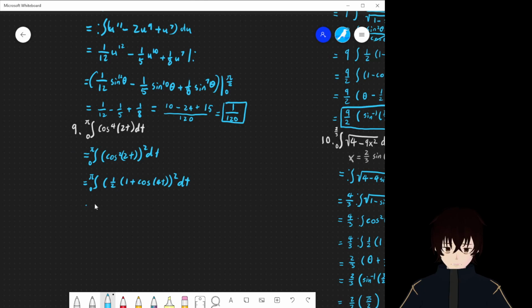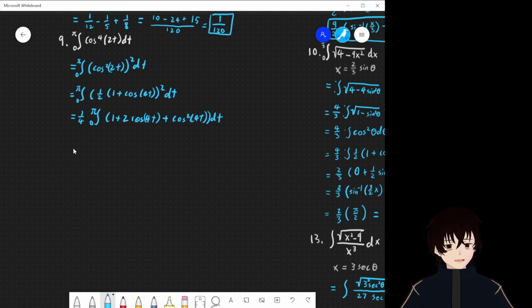But anyways, if we factor out 1/2 squared, we would get 1 over 4 from 0 to pi of 1 plus 2 cosine of 4t plus cosine squared 4t dt, which can be rewritten again because we don't want the cosine squared.